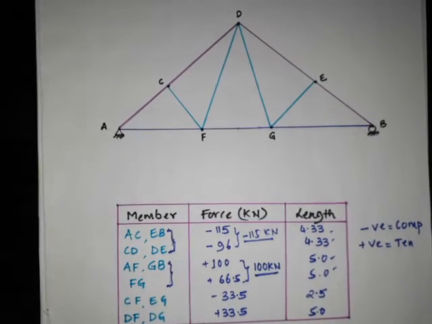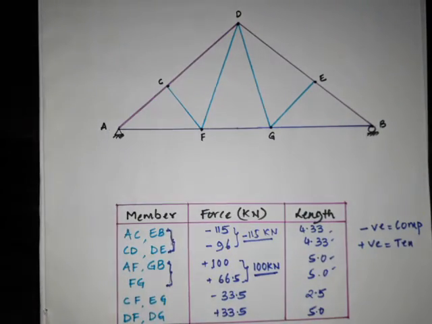Okay, so this is the given geometry of the structure. According to this and according to the given table, we have to proceed with the design. Okay, so let us start with design of principal rafter.